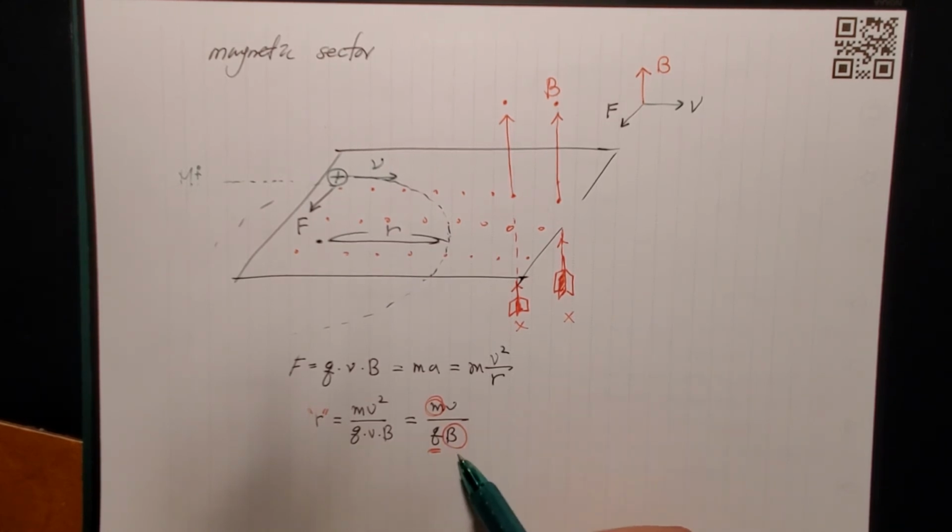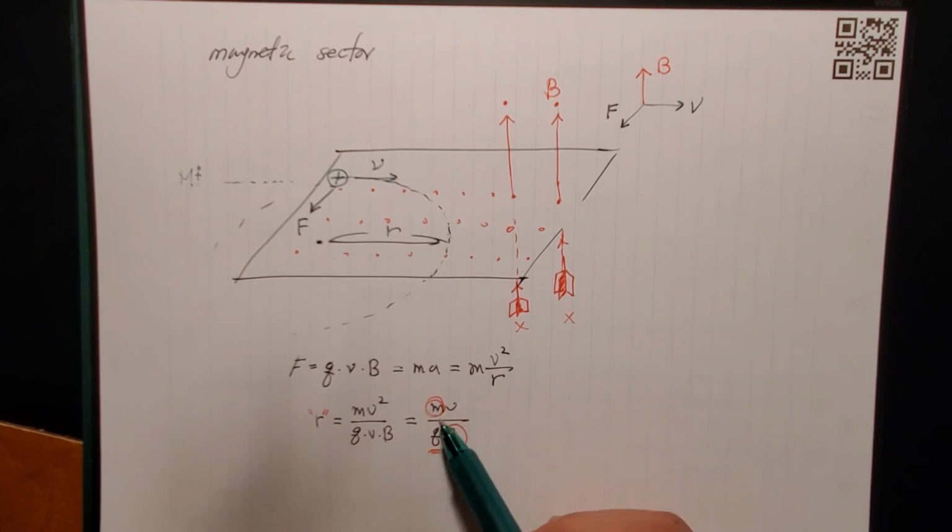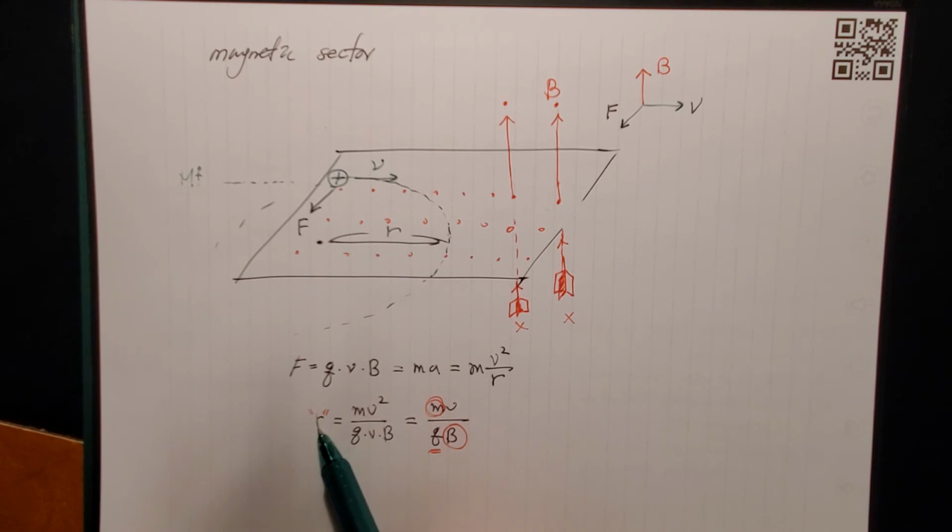So simply speaking, if you fix the R, when you have heavy mass, you need a stronger magnetic field to keep the R the same.